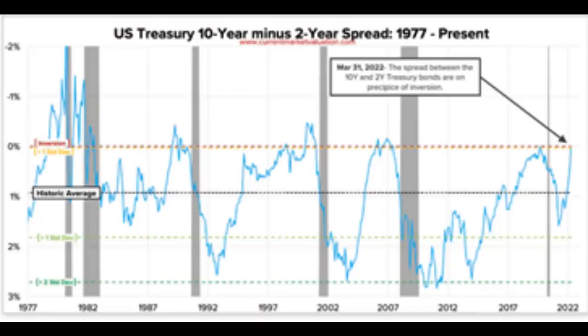Now, if you look at this chart, this chart is the 10-year minus the 2-year. When that goes above the red line there, that signals a recession. And if you look, all the gray bars on this chart are when we've been in recessionary periods.